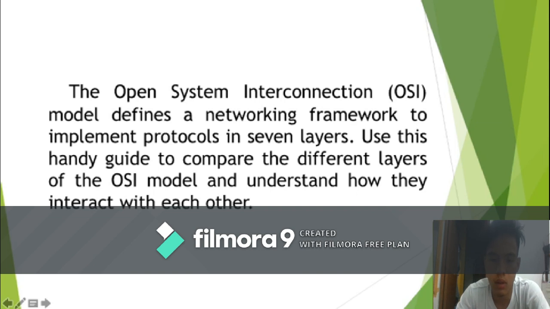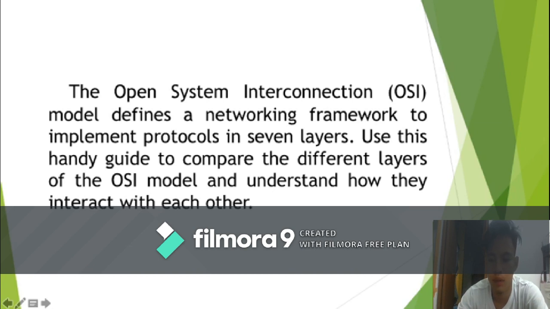For layer 7, I said a while ago that I'll discuss each layer thoroughly. So let's go to layer 7, application. This layer supports the application and end user processes.